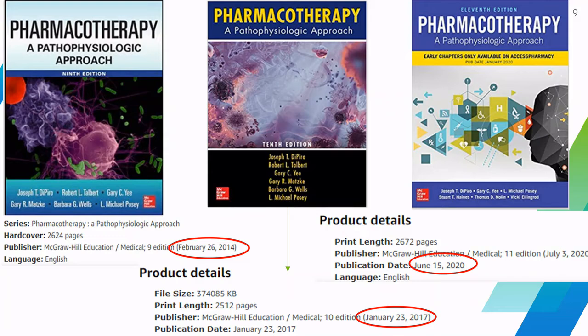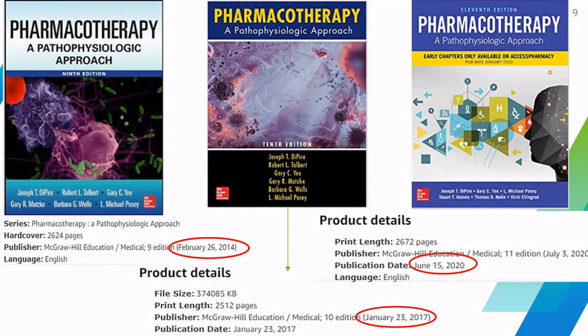Similarly, the 9th edition, published in 2014, contains updated information as compared to the 8th edition. The knowledge gap for the 10th edition is approximately 3 years, as it was published in 2017. The most updated edition would be the upcoming 11th edition. Have you noticed the gap of publication years between each edition?